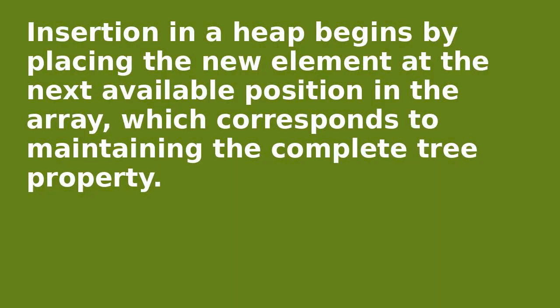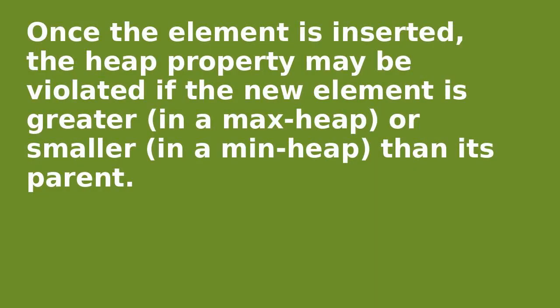Insertion in a heap begins by placing the new element at the next available position in the array, which corresponds to maintaining the complete tree property. Once the element is inserted, the heap property may be violated if the new element is greater in a max heap, or smaller in a min heap, than its parent.